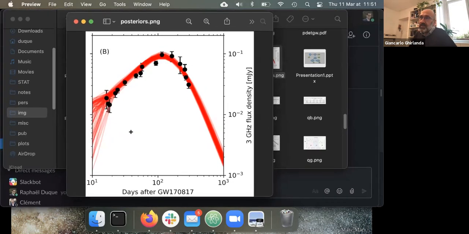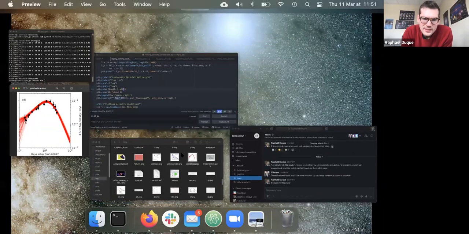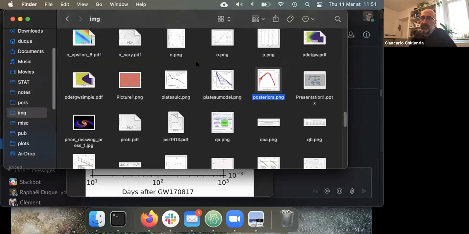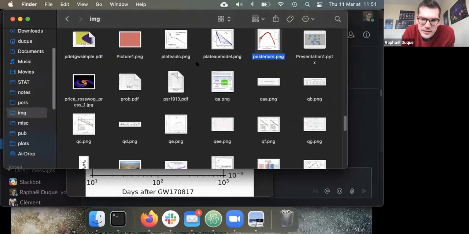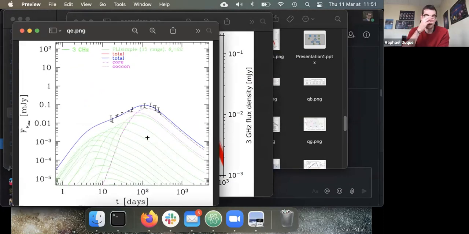Yes, but when you look at the afterglow in the early phases, for example here, this is typical modeling, and you see that there are three phases. There's this phase, which is of course when the core was revealed.